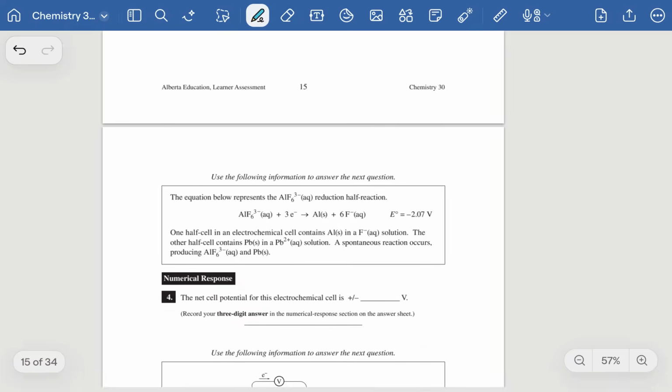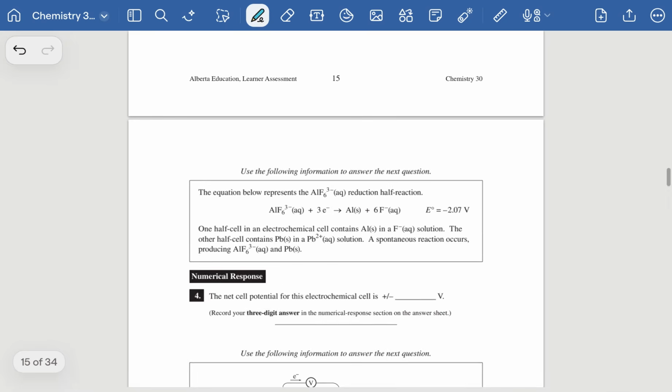So we have our half cell, -2.07. This is a reduction half cell, and it tells us that one half cell contains aluminum in a fluorine ion solution, so that's what we see here, and the other one is Pb with Pb2 positive.